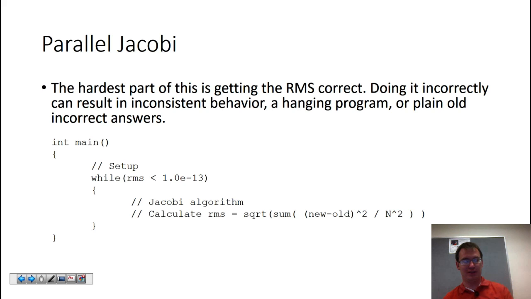But what I have here is kind of a basic idea of how your Jacobi program would work in parallel. So we have our main function here. We set some stuff up, and then we have a while loop. We say while RMS is, that should be greater than, I got that backwards.